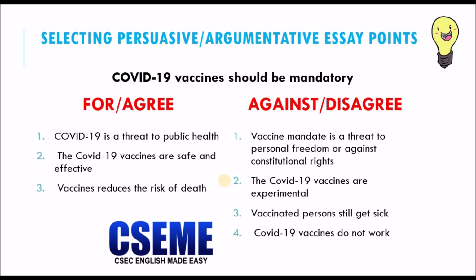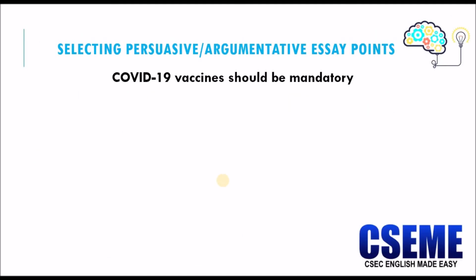You select your position, and you can select from the points here, or modify the points, and you are going to present your introductory paragraph. Now guys, next lesson we will develop the body of the persuasive essay.